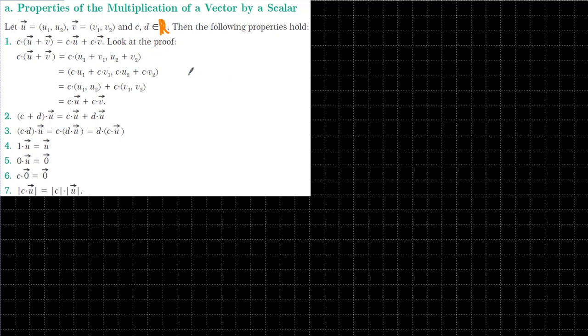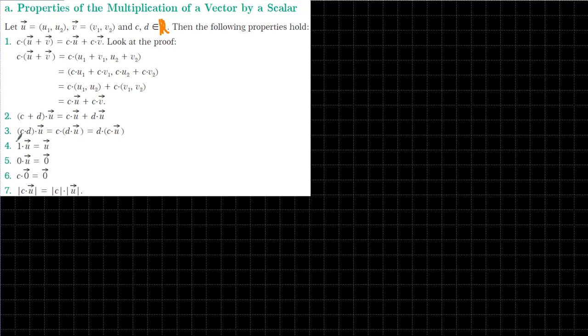And the vector can also be distributed over the addition of the scalars c and d. Here you are associating the scalar terms, which doesn't change the result.